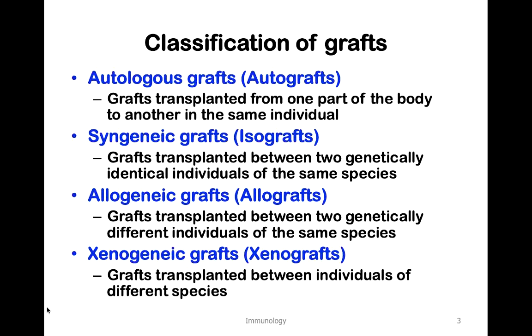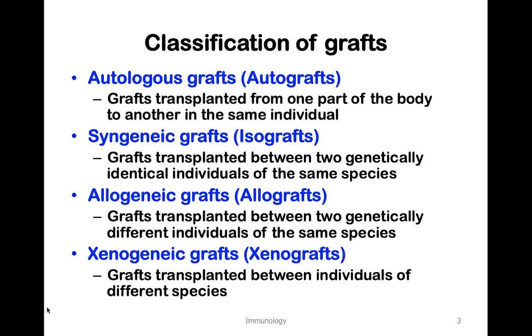So these are the four types of grafts, and as we discussed previously, the greater the phylogenetic distance between organisms, the more likely the proteins or tissues are to be recognized as foreign, and xenografts are most vigorously rejected.